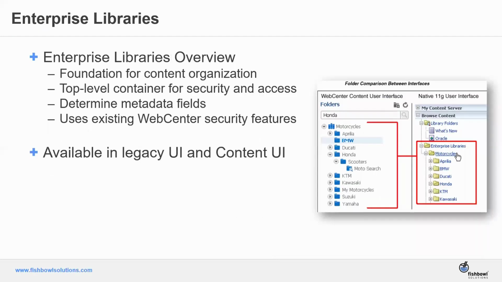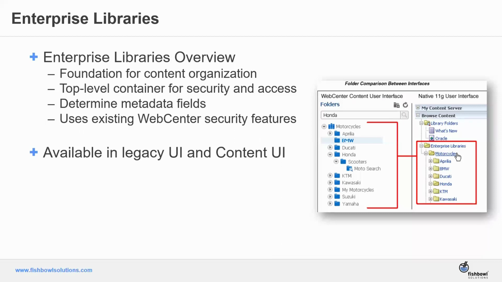The other piece is the enterprise libraries, and again, this is not new either. Looking back at old legacy versions of WebCenter, we still have a lot of customers utilizing these. For people that don't know what an enterprise library is, it provides that top level organization for your content.